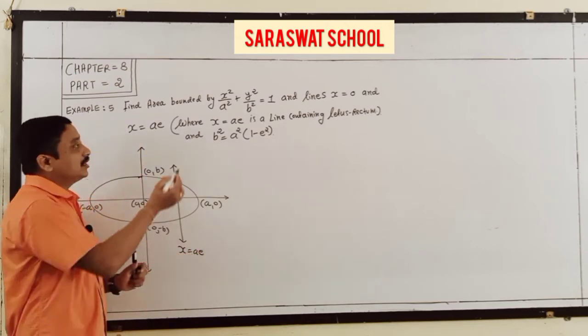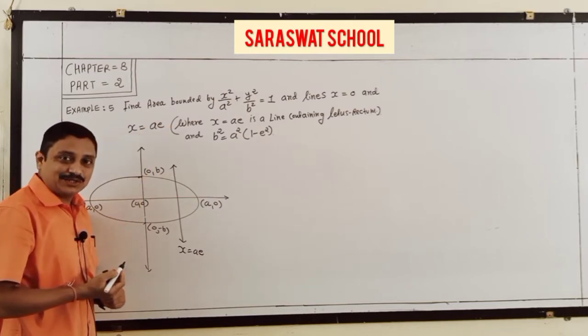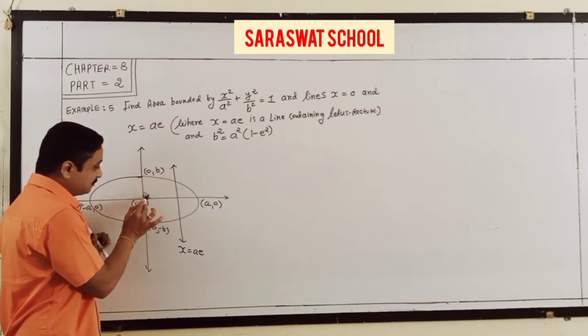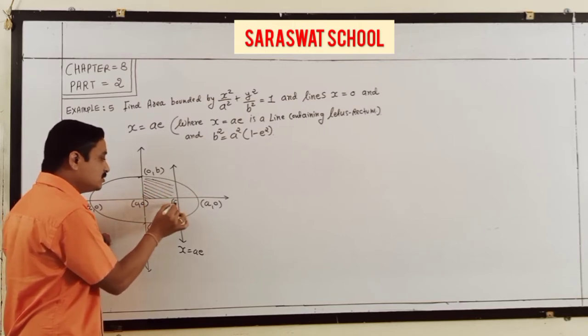I want the area bounded by the line x equal to 0 and the ellipse, this one. That's my target, between 0 to ae.